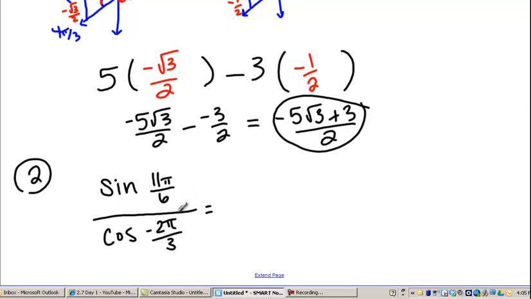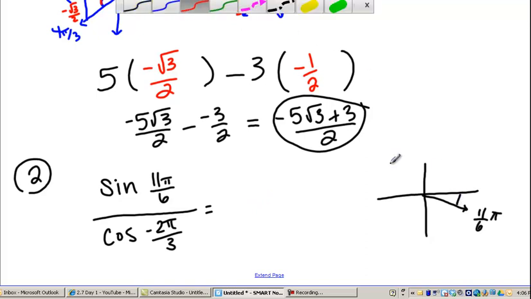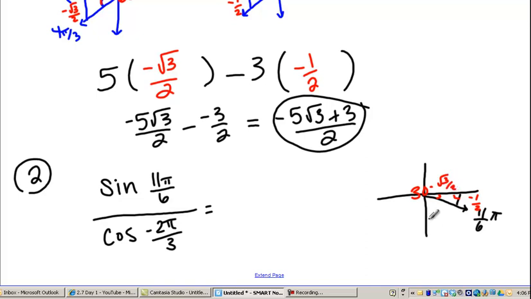Okay? Look at your unit circle. You should know 11 pi over 6 is in the 4th quadrant. Okay? We have a reference angle of 30 degrees right there. 30 degrees should ring a bell that your y value is negative 1/2, and your x value, right here, is the square root of 3 over 2.